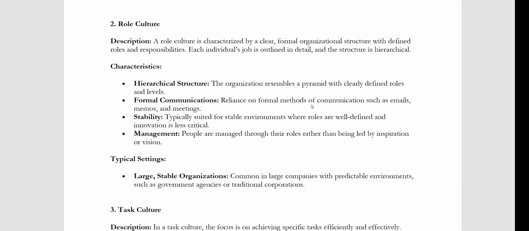It's typically suited for stable environments where rules are well-defined and innovation is less critical, okay? People are managed through their roles rather than being led by inspiration or vision, because you follow a set tone within the organization. Typical settings include large, stable organizations, right? This is common in large organizations with predictable environments, such as government agencies or traditional corporations.